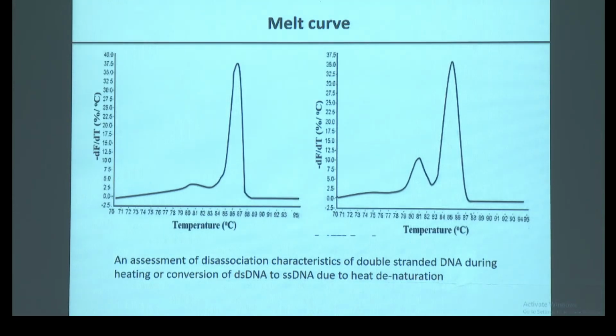So whatever dye was inside the double stranded DNA is released suddenly and it gives a peak. If it is only a single PCR product, we get a single peak. If there are two, one is non-specific, one may be specific, we don't know, we have to confirm by sequencing. So it is not desirable. And if a graph like this comes, that is also not desirable. Clear?